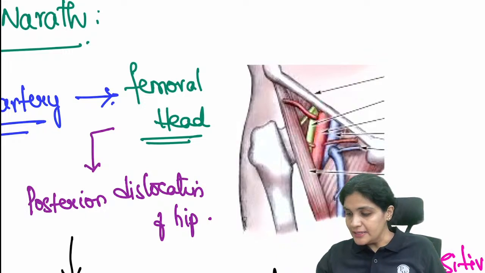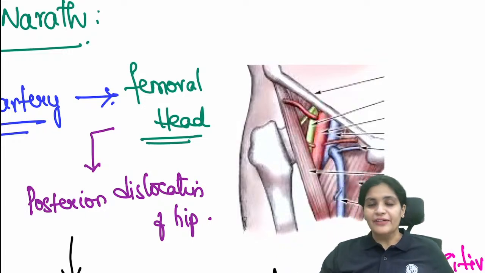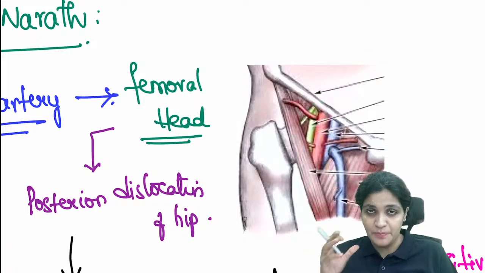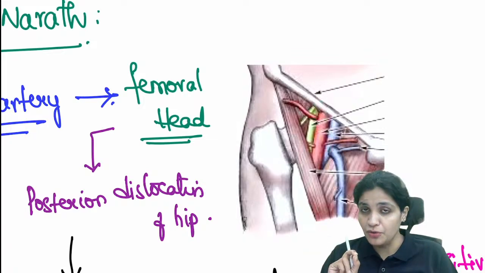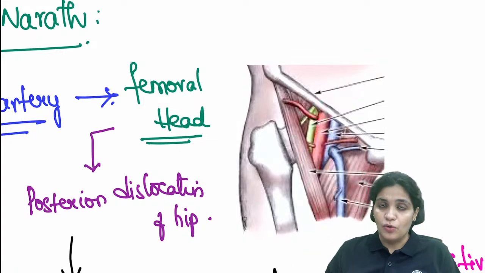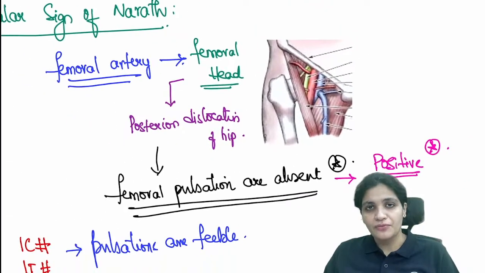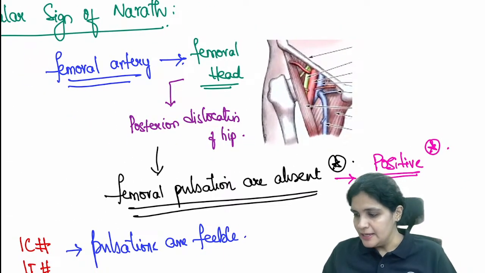So if there is absence of this femoral head, especially posterior location of the hip, then this is called vascular sign of Narath positive. Is absence of the femoral pulsations.